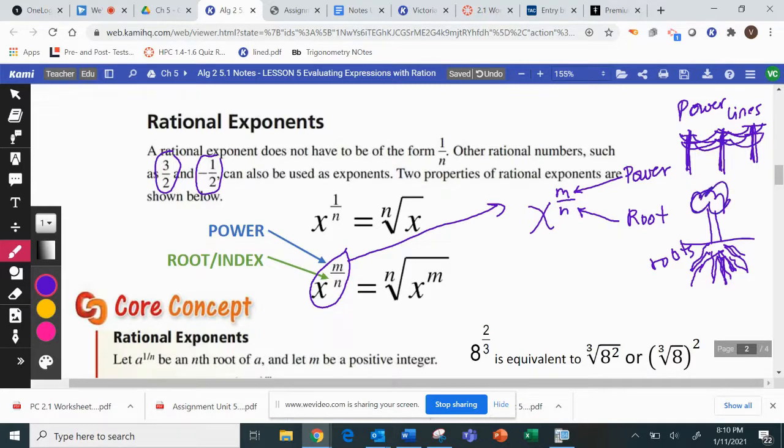Power lines and then roots. Now, the first example, x to the 1 over n is equal to the nth root of x. Well, that is because the n is the root. So that goes here. And that spot right there has a special vocabulary word. It is called the index number.